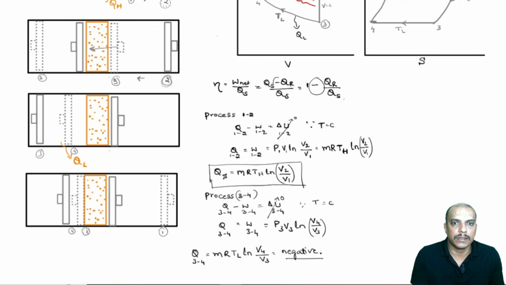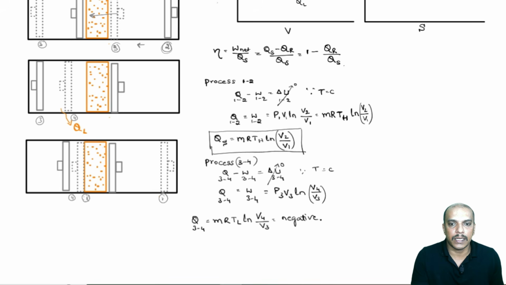The moment I use the negative sign for heat rejection there, while substituting it should be positive. So, QR should be substituted positive because I have already used negative for heat rejection, in heat supplied minus heat rejection. So, I will make this positive before substituting it into the expression. Let us call this expression 1.